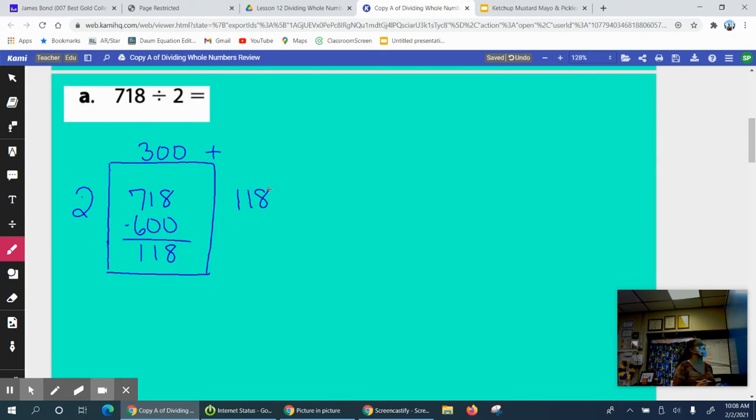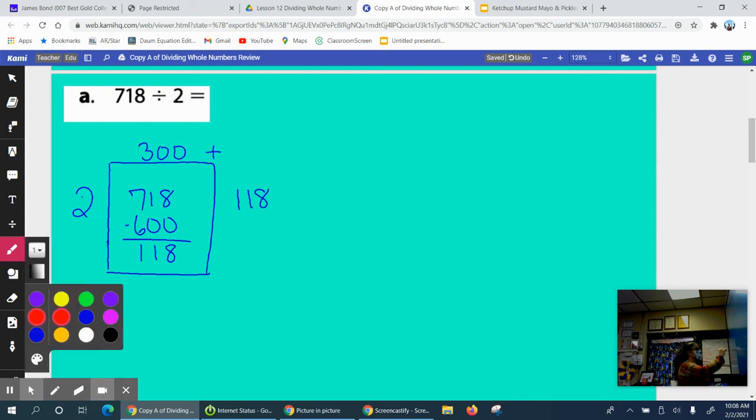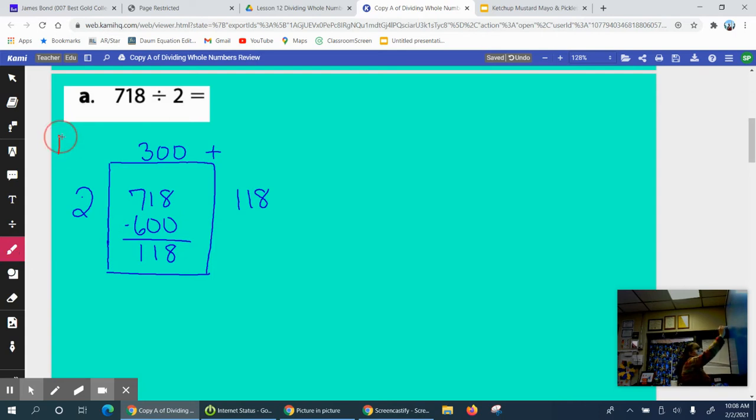Sure. Remember, each time I am dividing first, then I multiply, then I subtract, then I bring it over or go back to the beginning, right?